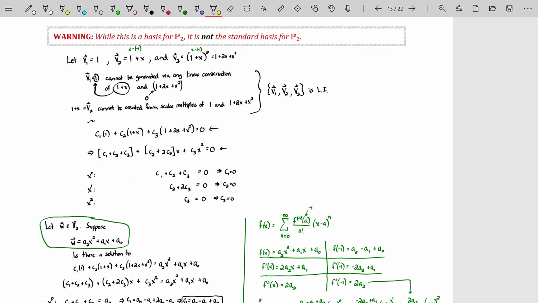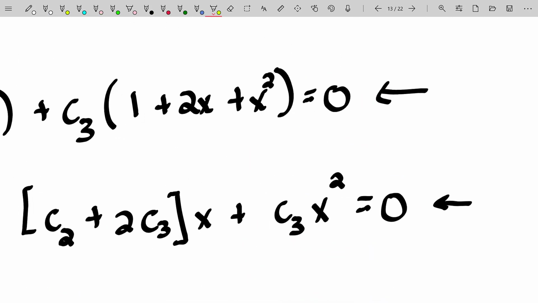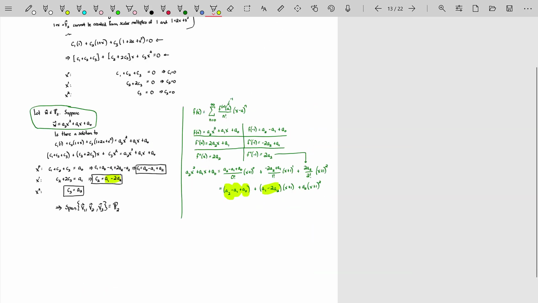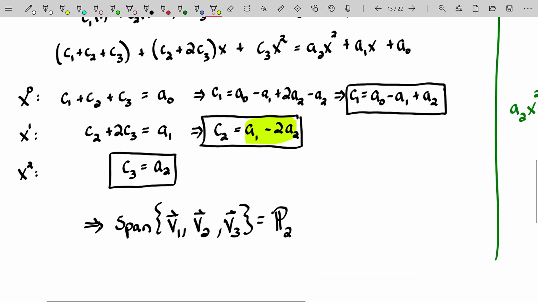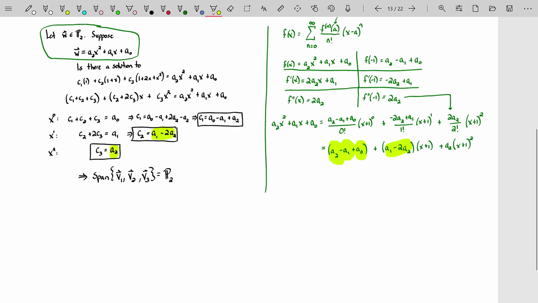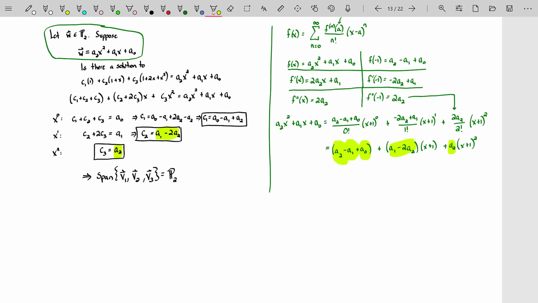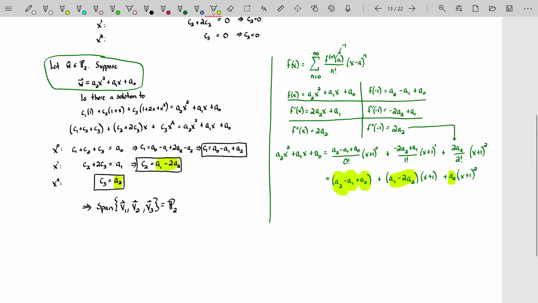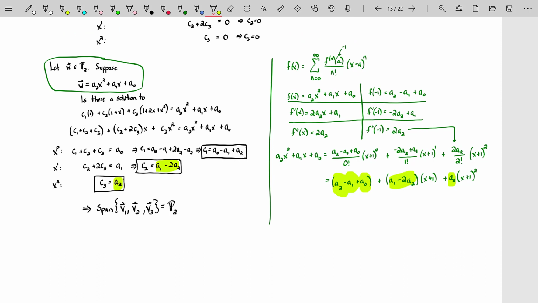And finally, our coefficient c sub 3 of that quantity 1 plus x being squared, well, we found in our previous method that was going to be a sub 2. In this method, we found it's going to be a sub 2. So a really cool way to do it using your Calc 2 material, Taylor polynomial expansions. It's really nice.